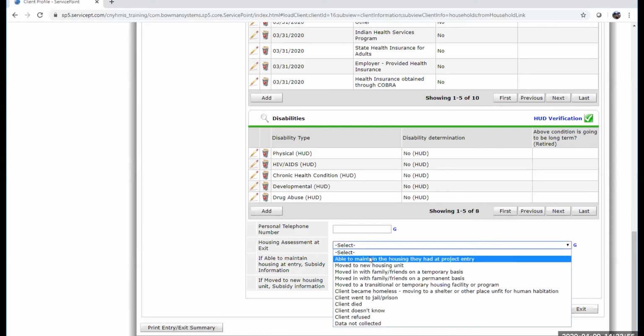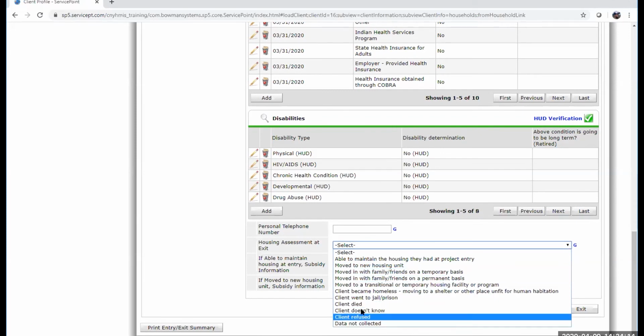So this is just about, because it's possible to stay in the same unit if you successfully go through a homelessness prevention project. You'd select that they stayed in the housing unit that they had at project entry, or they moved to a new unit, or they moved in at one of these other destinations.